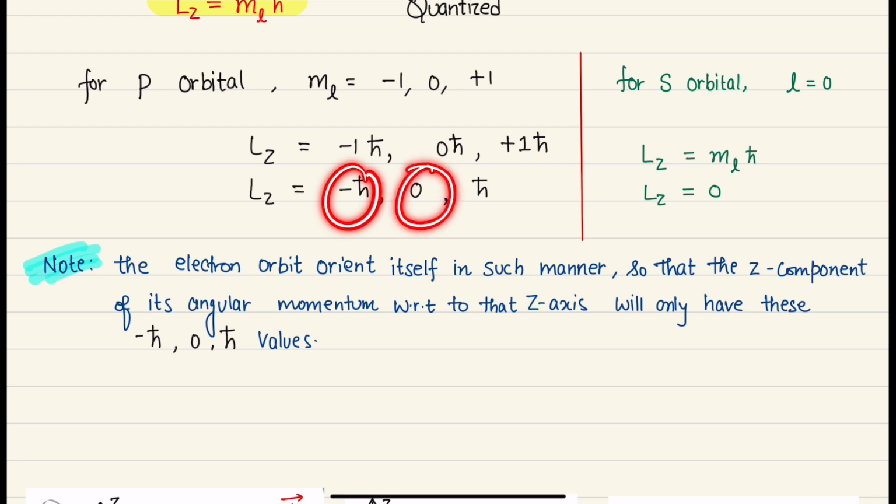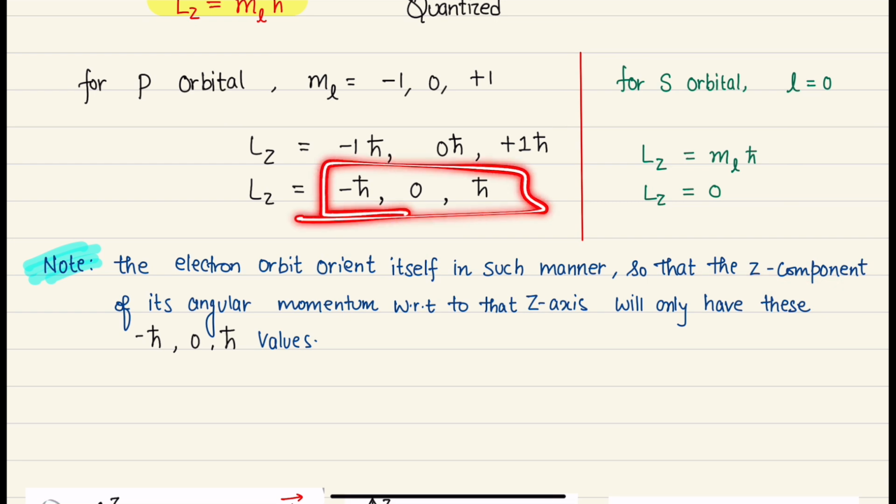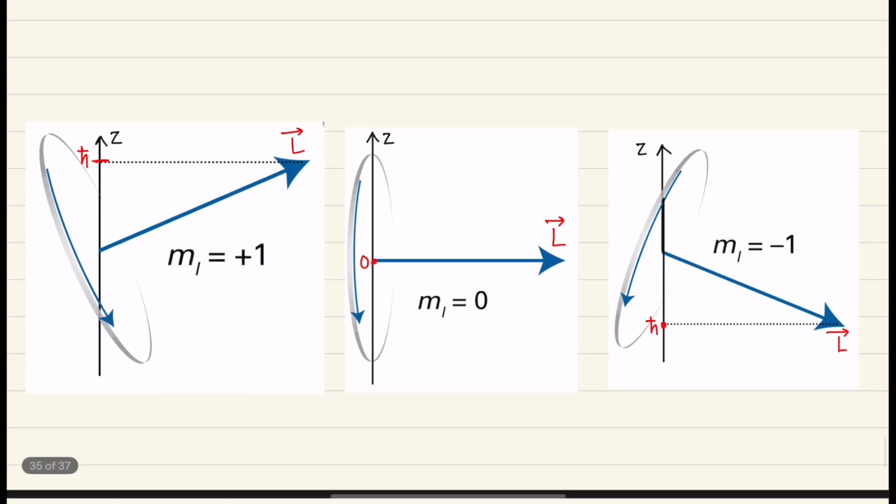To get these components on the z axis, -h cross, 0 and h cross, the electron will orient itself in such a manner that the z component of the angular momentum will give these 3 values. Now let's get some more feel of how this is happening.